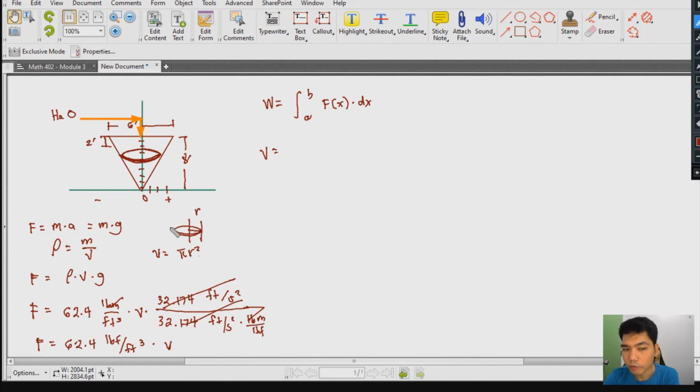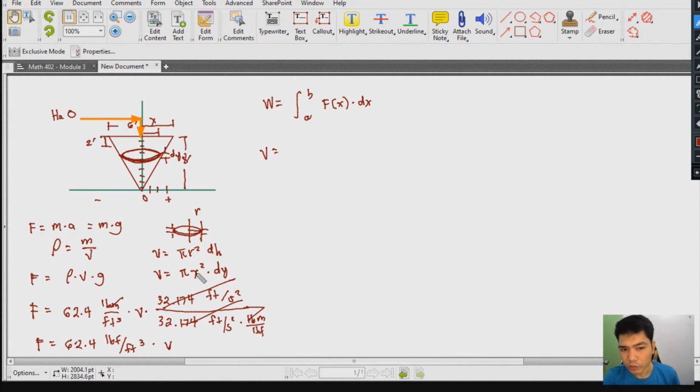But since it's volume, we have to multiply this by the thickness of this disk, and that is the change in your height, dh. In terms of these variables in the Cartesian coordinate system, that's simply pi x squared, multiplied by the thickness dy, because this is the y-axis and this is the x-axis, and this is the infinitesimal change in y, that's dy.